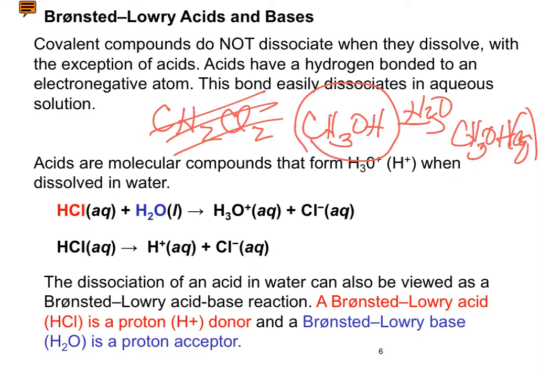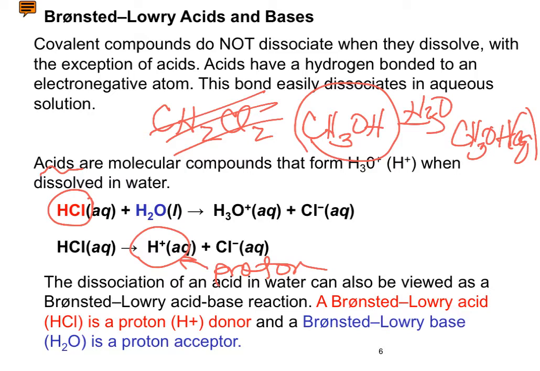There is one exception of a covalently bonded compound that dissociates when it dissolves in water, and that is acids. There are some acids that aren't covalent, but the ones we're going to be dealing with, and the ones you're going to see in organic chemistry if you take it, are covalently bonded. Let's take hydrochloric acid. Hopefully you have seen before that the definition of an acid is that it is something that donates a hydrogen ion, and that happens to be a proton, right? You can prove it to yourself if you need to, but that's why they call them protons a lot, because a hydrogen ion missing its one electron is actually just a proton.